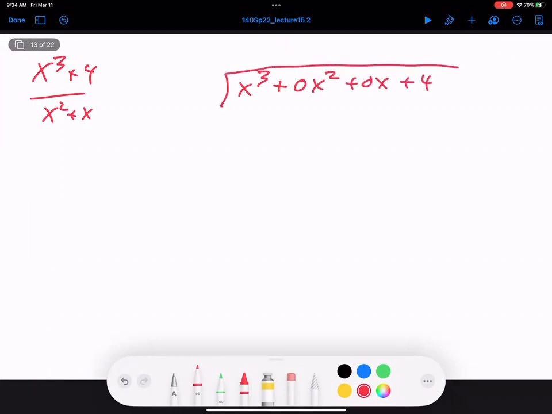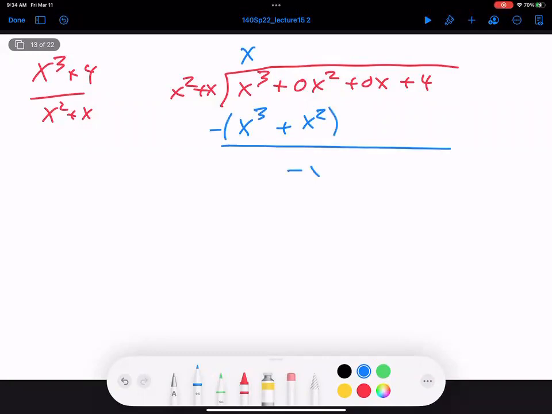Anybody remember what this is called? Polynomial long division. I want to get the x cubed, so I multiply this by x. x squared times x is x cubed. x times x is x squared. I subtract.